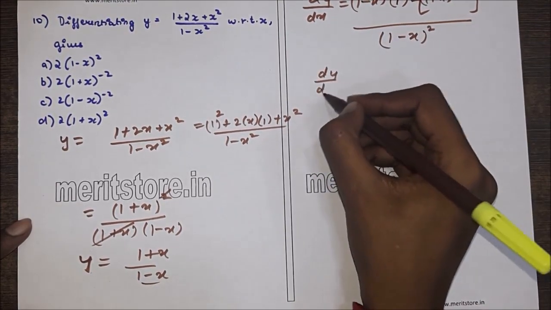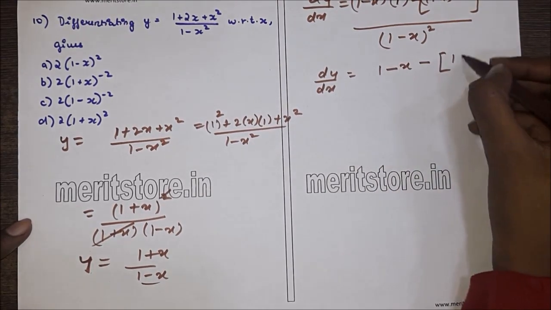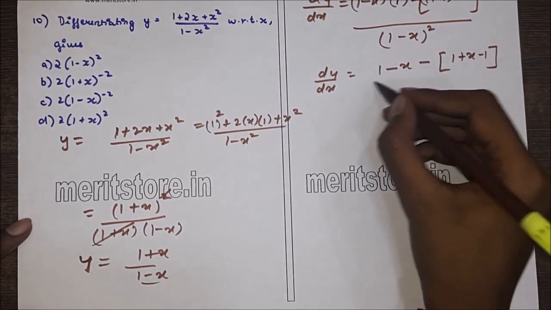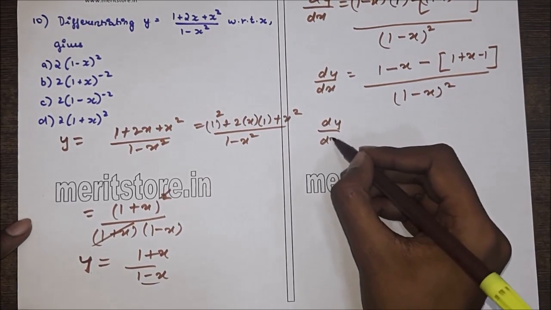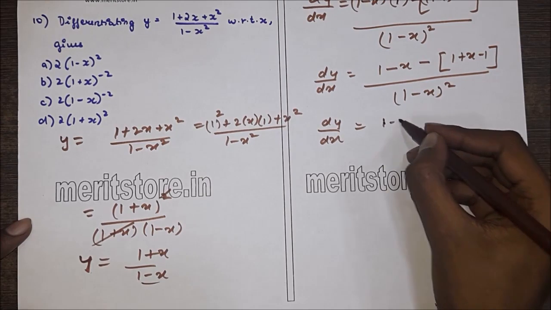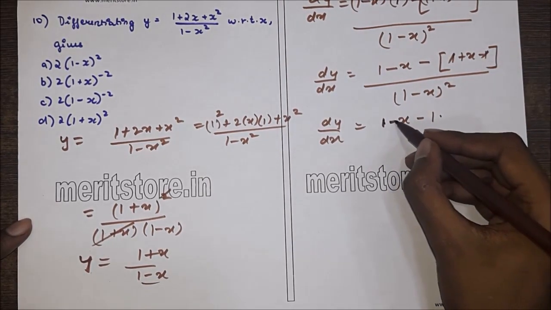So dy by dx is 1 minus x minus 1 plus x into minus 1, divided by 1 minus x the whole square. 1 gets cancelled.